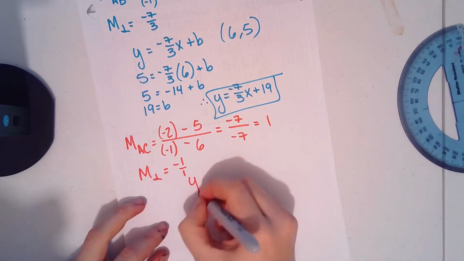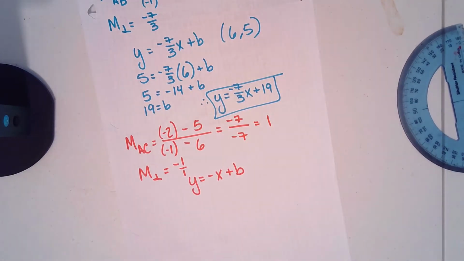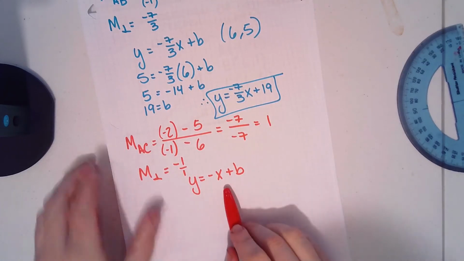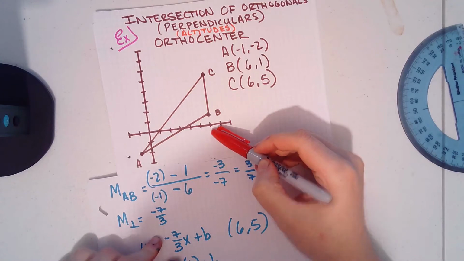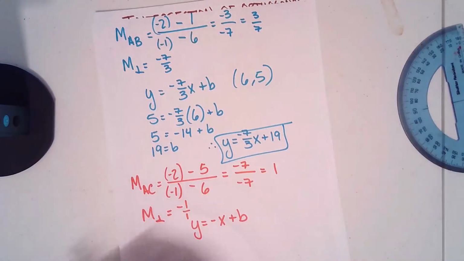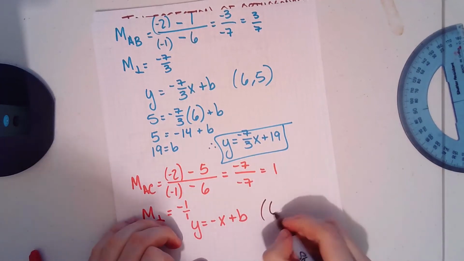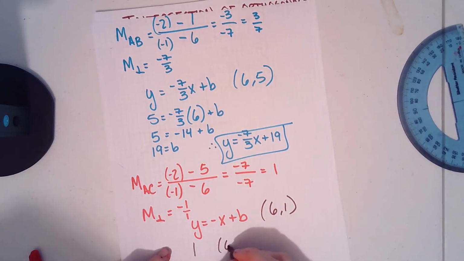So the equation we're looking for is going to be -x plus b. And we want that line not only to be perpendicular to this side to hit it at a 90-degree angle, but also go through point B. So I'm going to plug in 6, 1 and solve for B. So I plug in 1 for y and 6 for x.